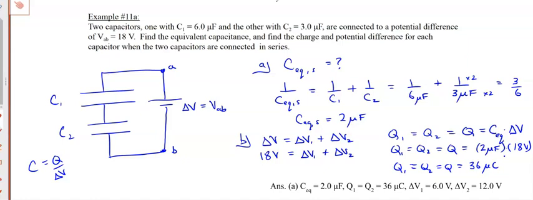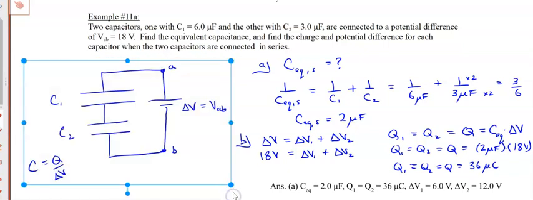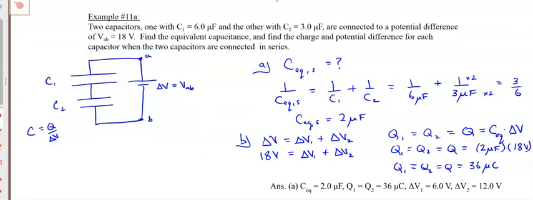Once we now know the individual charges, then we can find their individual voltages. I'll just squeeze this picture a little bit because it's taking up my space, so I'll move that over here. Now I'm going to calculate the individual voltages.